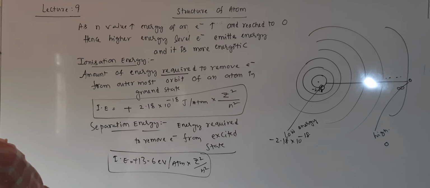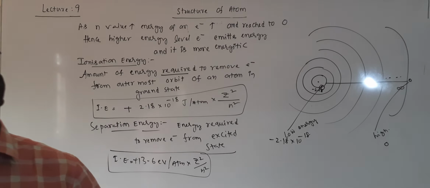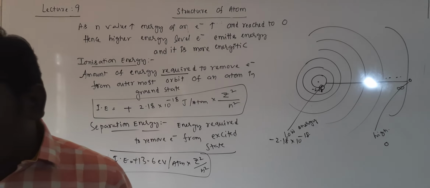Calculate the energy and radius of the electron in the fifth orbit of the hydrogen atom.